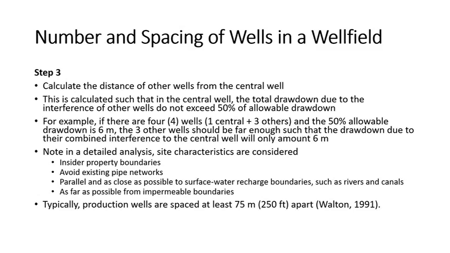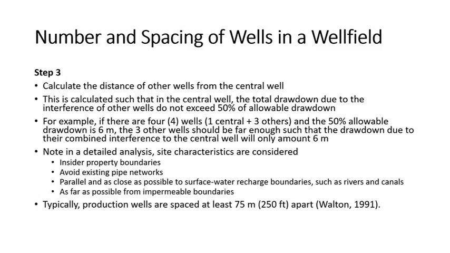So the central well will be subject to a lot of interference from other wells. What we do here is we solve for the distance that would limit the interference drawdown to just 50% of the allowable drawdown, or less than 50% of the allowable drawdown.